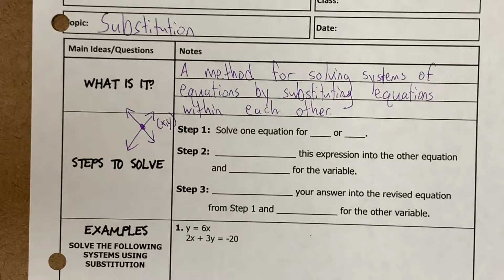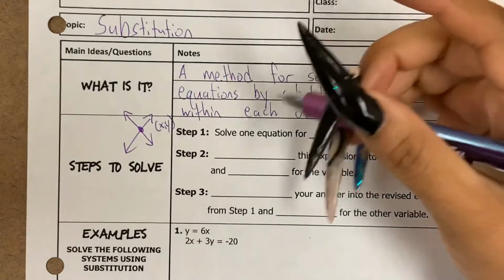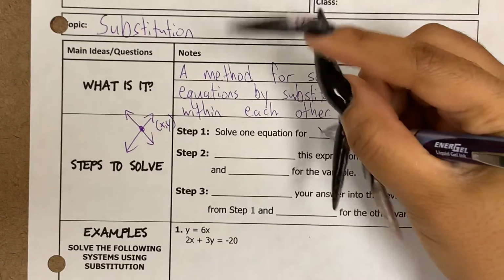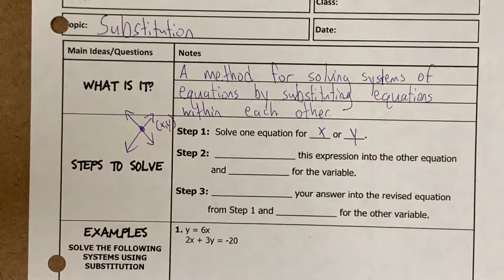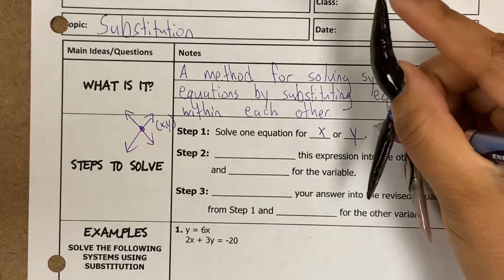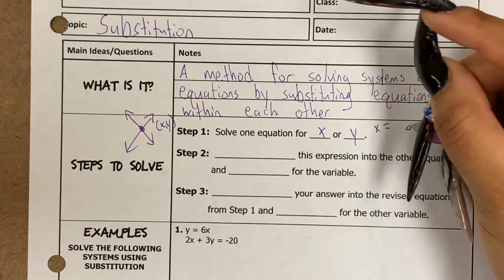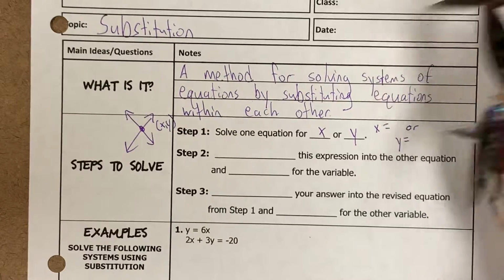So this is a method that we use when we do it by hand. So we solve one equation for x or y. So that means we want the equation to say x equal or y equal.